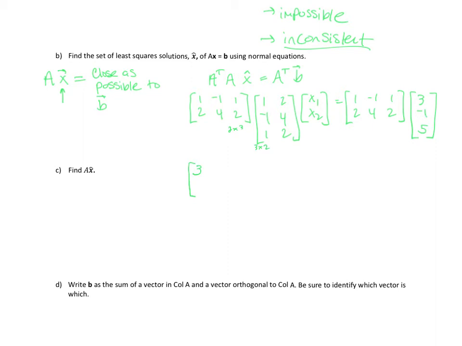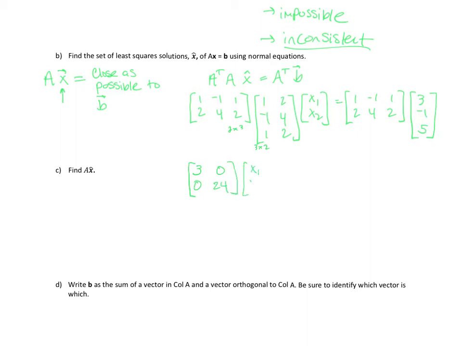First row times the second column, I get 2 minus 4, which is -2, plus 2 is 0. Second row, first column, 2 minus 4 is -2, plus 2 is 0. Second row, second column, I get 4 plus 16 is 20, plus 4 is 24.